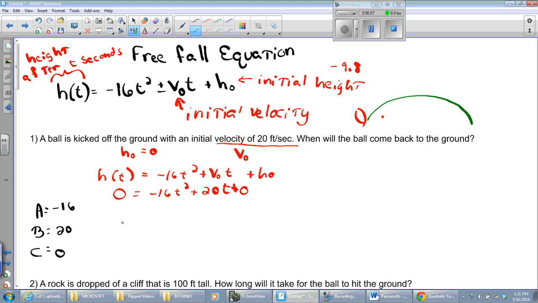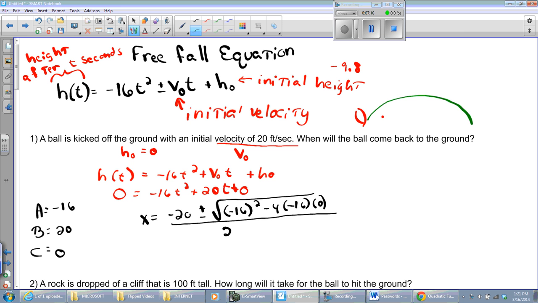All right, so I'm going to go with x equals the negative of b plus or minus the square root of negative 16 squared minus 4ac, all over 2a.